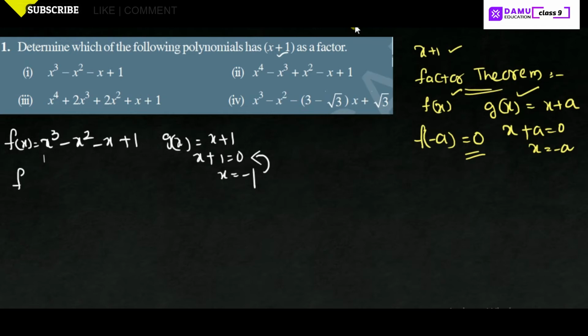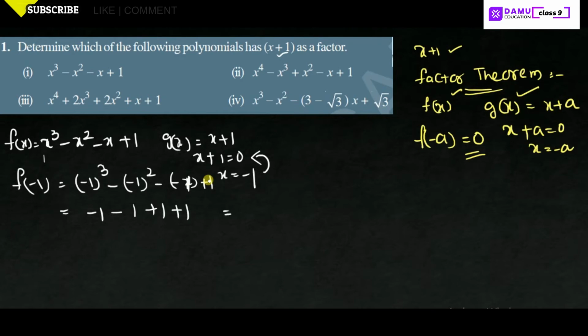Then f of minus 1 will be equal to minus 1 whole cube minus minus 1 whole square minus of minus 1 plus 1. Here an odd power came, so we get minus 1. Here an even power, so we get minus into minus, that is plus 1.